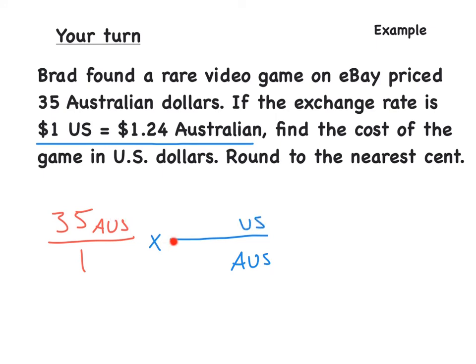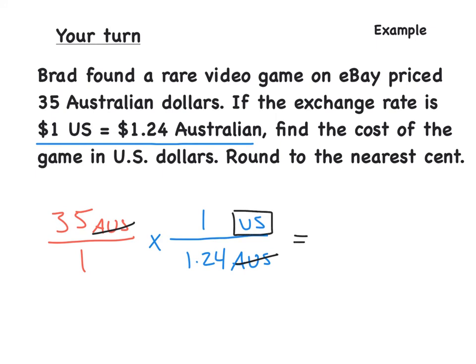Remember, diagonally, these have to cross out. So Australian money with Australian money. So the Australians cancel out, and all that we have left is the US currency.